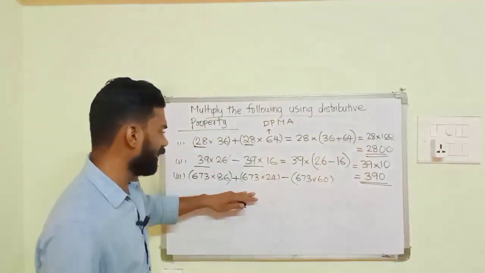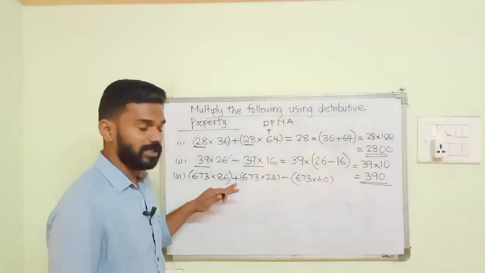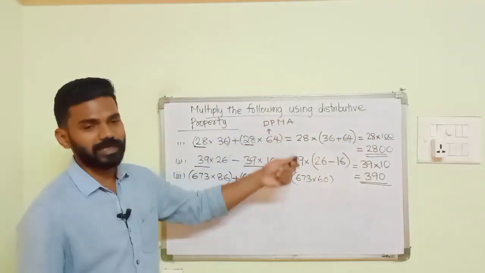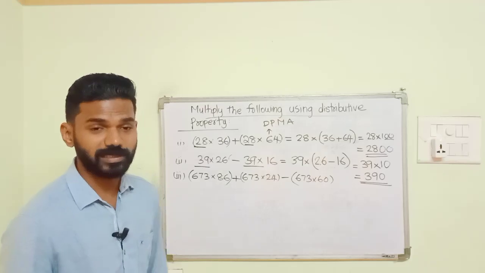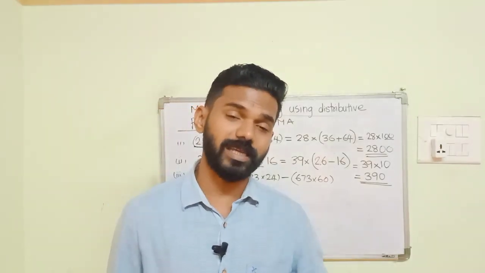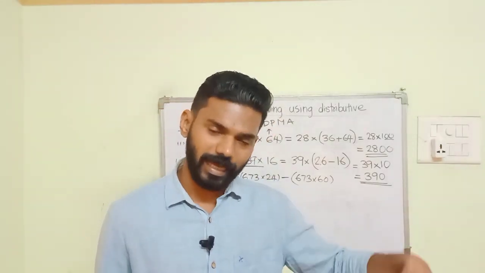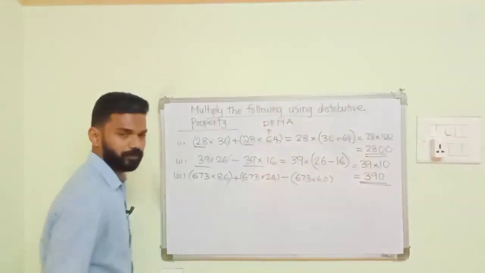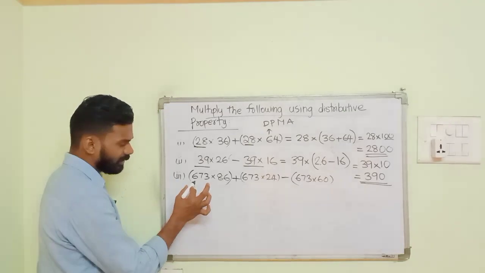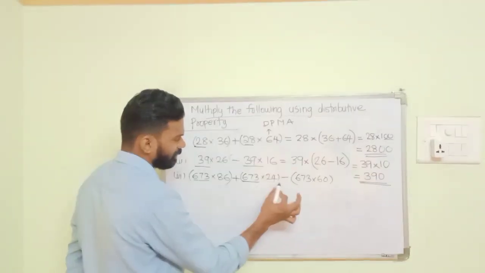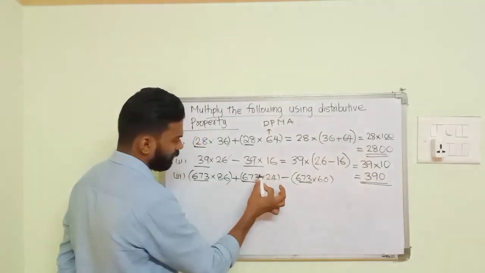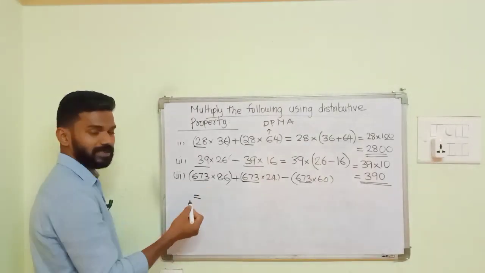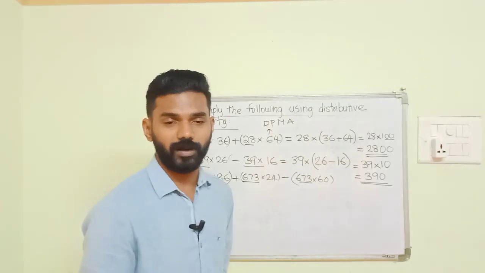And here comes another problem in which there is the distributive property of multiplication over both addition and subtraction. What is the speciality of this question? In this question you can see 673 into. In all these cases 673 is the number multiplied in common.